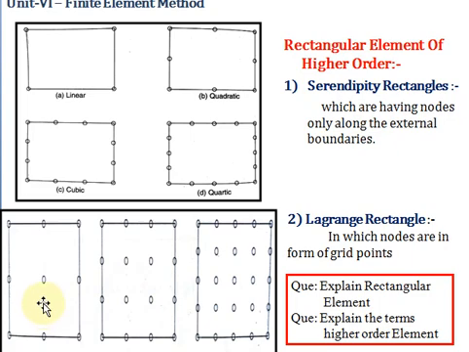Here it is 3 plus 3 is 6, plus 3 is 9, so 9-noded. This one is 4, 8, 12 and 16, so it is 16-noded. Here it is 5, 10, 15, 20, 25-noded. So these are some rectangular higher order elements.